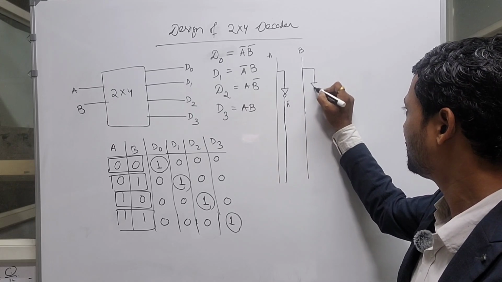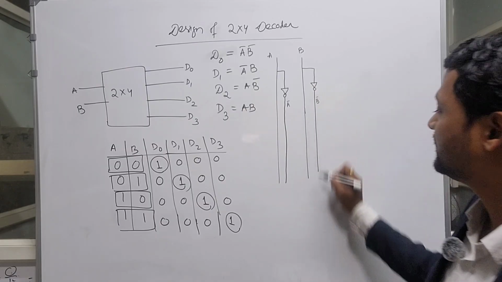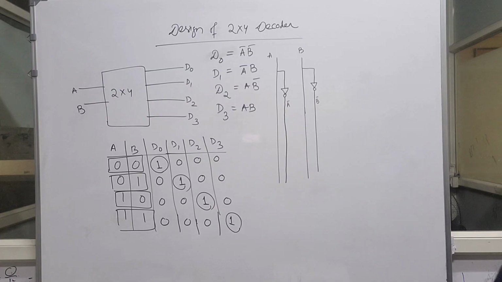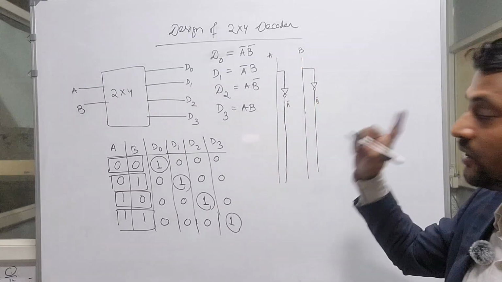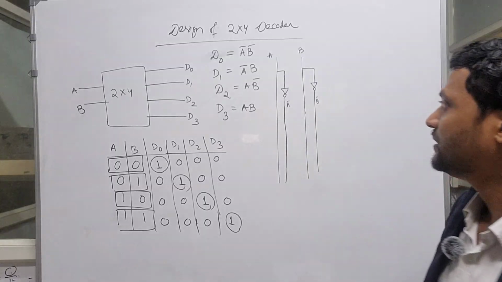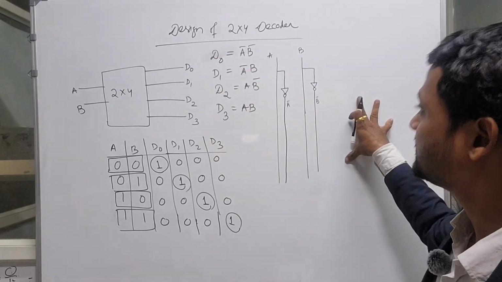Similarly, we can take one more NOT gate, and this point will be B bar. Matlab we have two inputs A and B, and by taking two NOT gates, we are getting A bar and B bar.